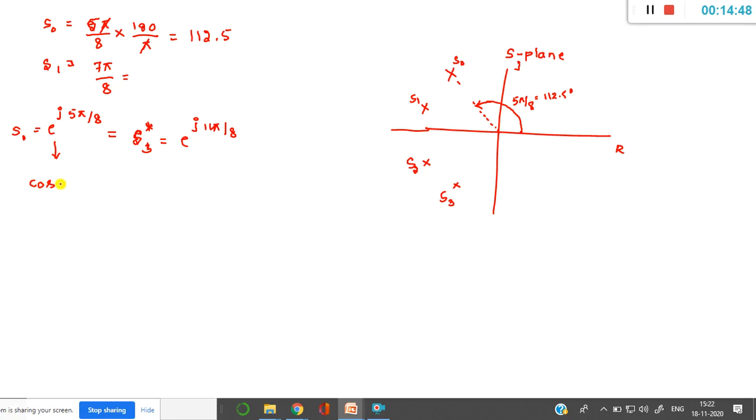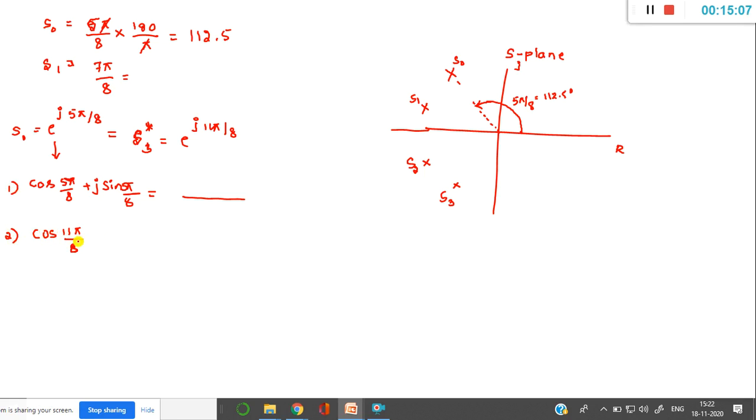So put this in terms of complex cos and sin theta value, that is cos 5 pi by 8 plus j sin 5 pi by 8. So check this answer, how much you are going to get.